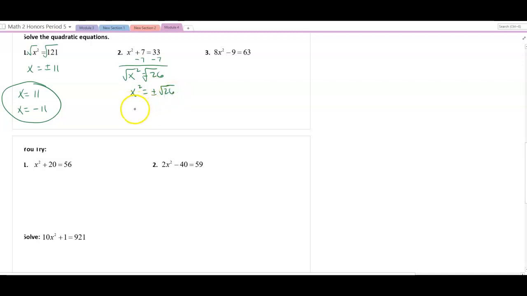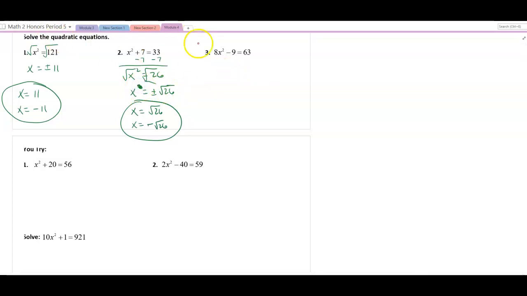Can the square root of 26 be simplified? No. So x equals the positive square root of 26 and the negative square root of 26. You can write your final answer as this, or as plus or minus square root of 26.